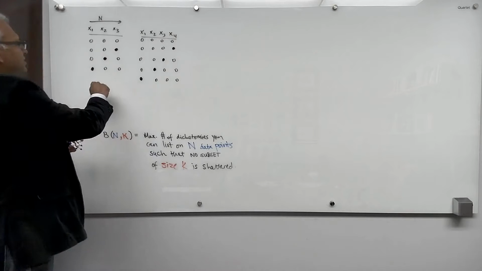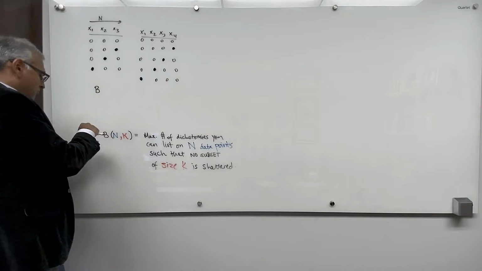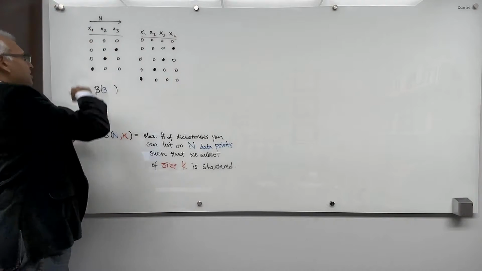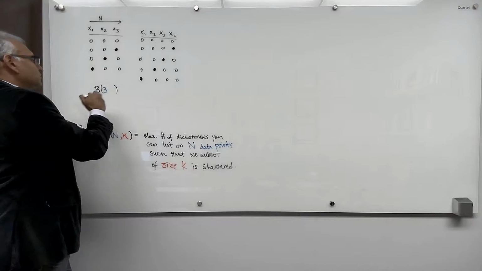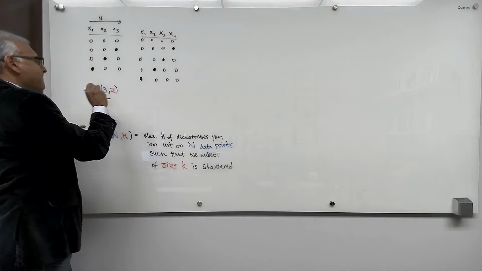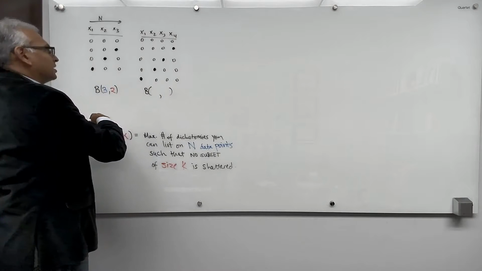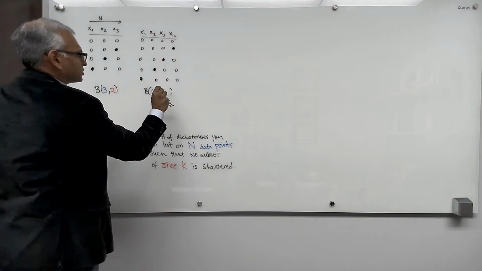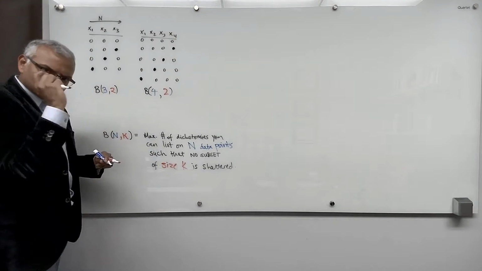Okay. So in this case, if we were trying to list the maximum, we're talking about B of 3, because there are 3 data points, and we didn't want to shatter any pair of points, any 2 points, so B of 3 and 2. And in this case, we're talking about B of 4 and 2 again, because we don't want to shatter any size 2 subsets.